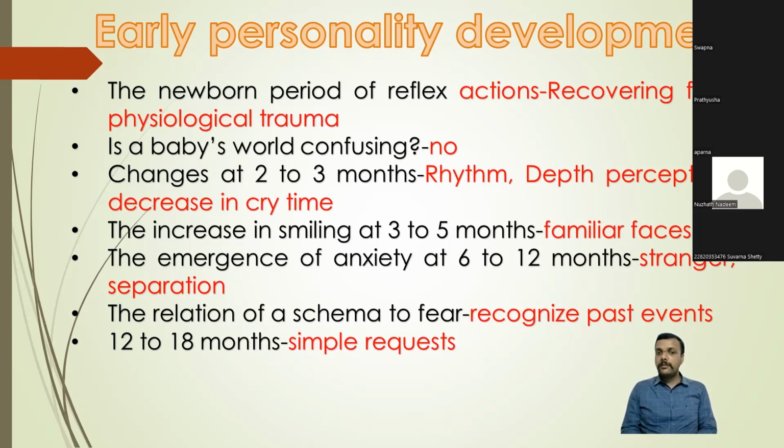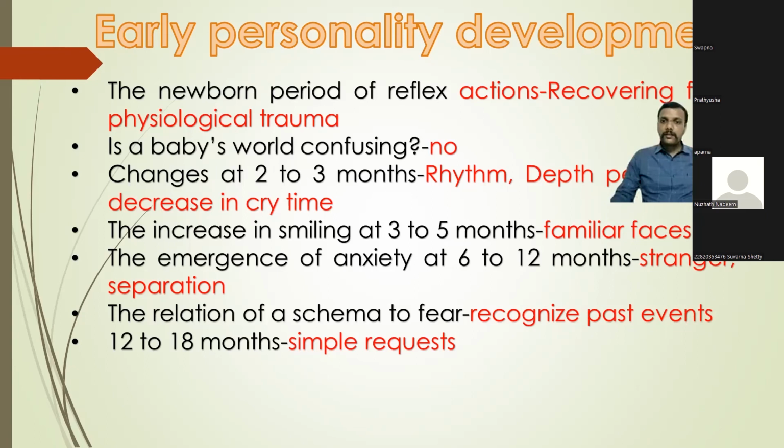They also recognize the relation of schema of fear, and past events. Depending on some sounds, they suddenly give a jerk. Depending on the sound, they may think that something is going to happen which they need to fear. And during the age of 12 to 18 months, we can understand their simple requests.